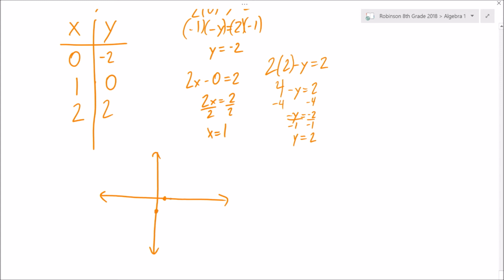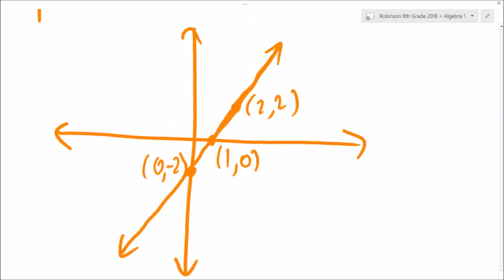And a point at 2 and 2, about right there. I draw my line through my points. I'll label my points just to be sure. 1, 0, 0, negative 2, and 2, 2. And I have my graph.